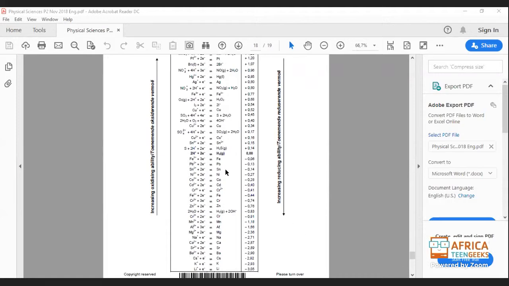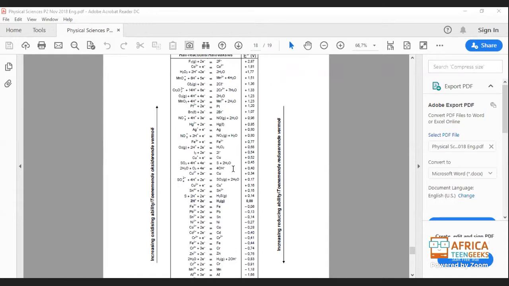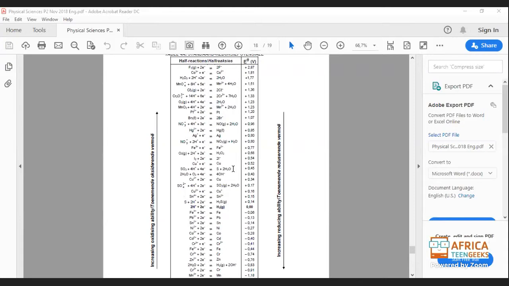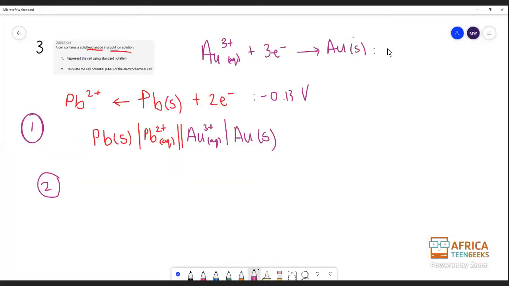And then your Au isn't on your reaction sheet, but I know it's got a value of 1.5 volts. So just next to it, write positive 1.5 volts. Okay. Then we're going to write the formula.